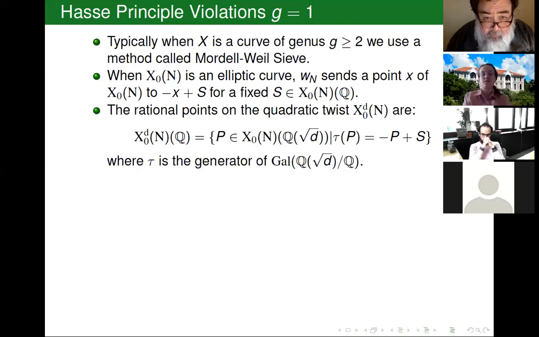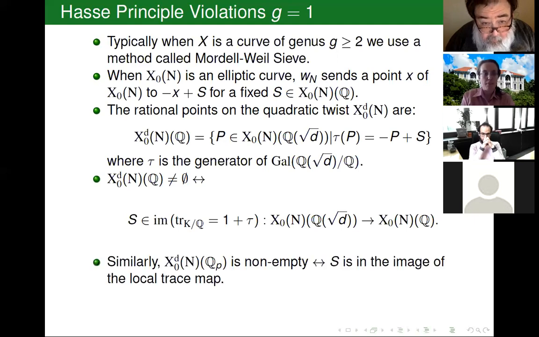It translates into a trace question. Maybe I will just show you the full slide and then talk. Yeah, that's easier. So if you look at the third item here, the rational points on the twisted curve are the k-rational points that are fixed by tau composed with Wn. And in the case of genus 1, Wn is just the following map. It takes a point and negates it.